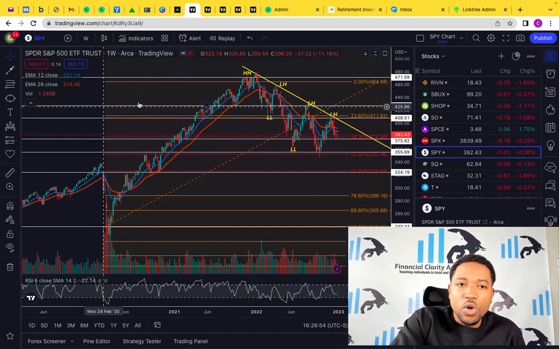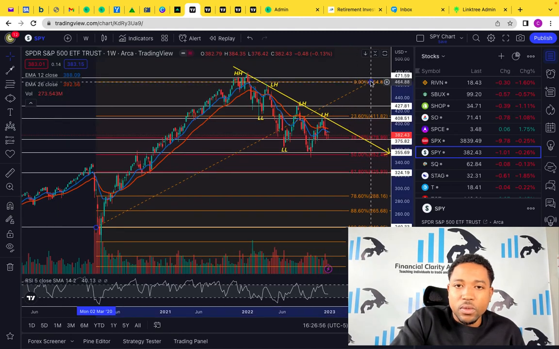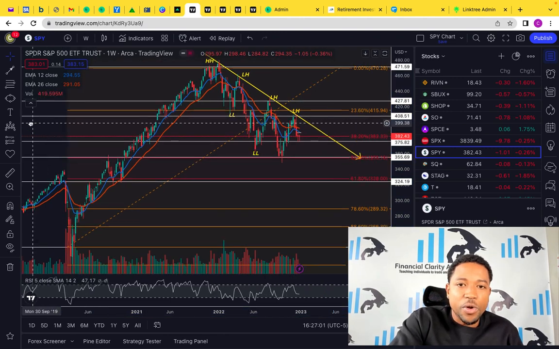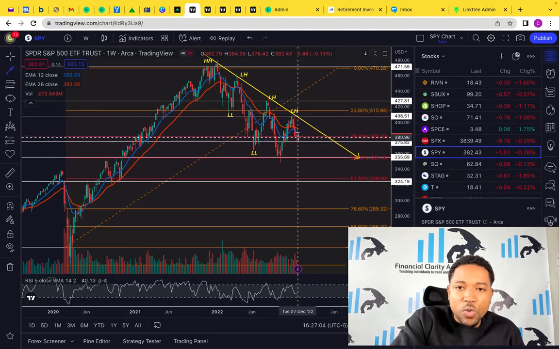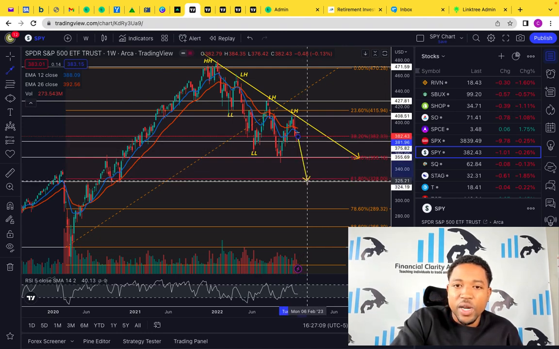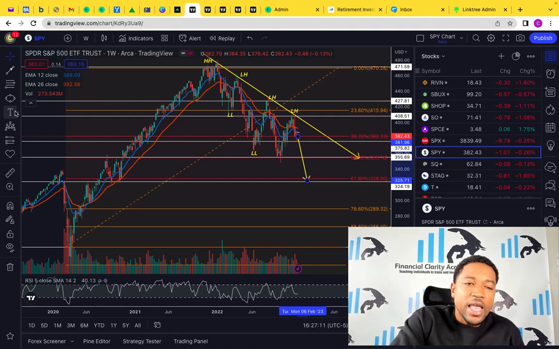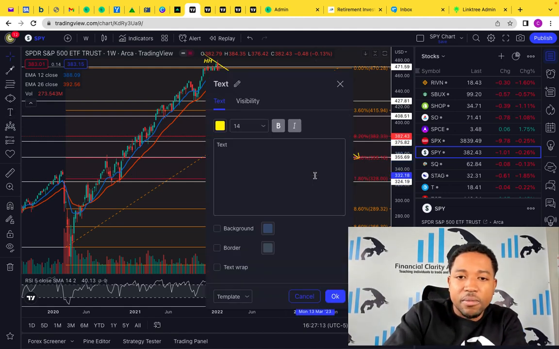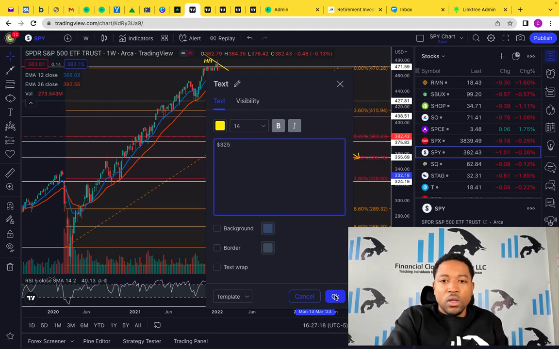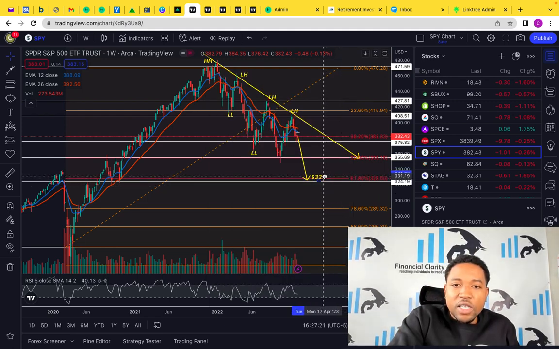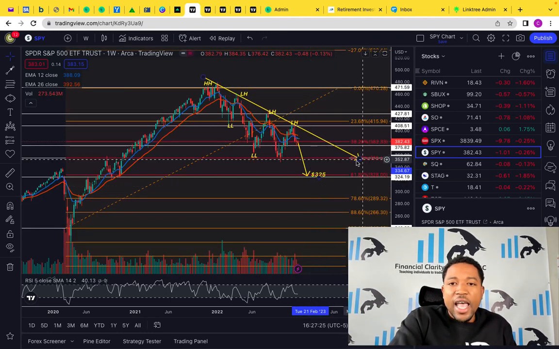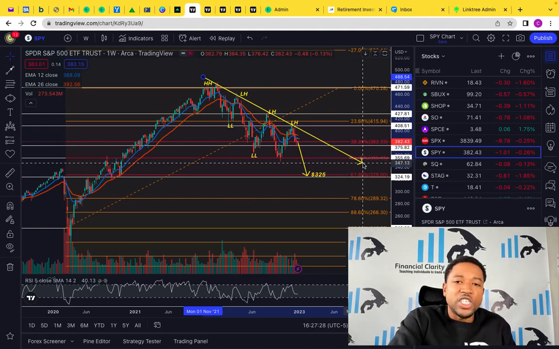With scenario one, we reject from this diagonal resistance level where we're at, and then we continue from where we are now into the new year. First 3 months, we continue down to 325 on the S&P 500. That is the 61.8 fib level, 325. This would also be a healthy retracement, and this would mean the market is going to keep going down. It's a likely scenario, a 30% chance that it will happen.